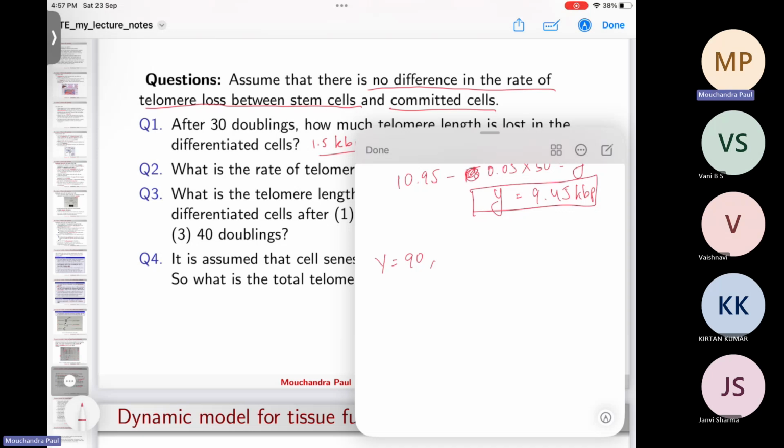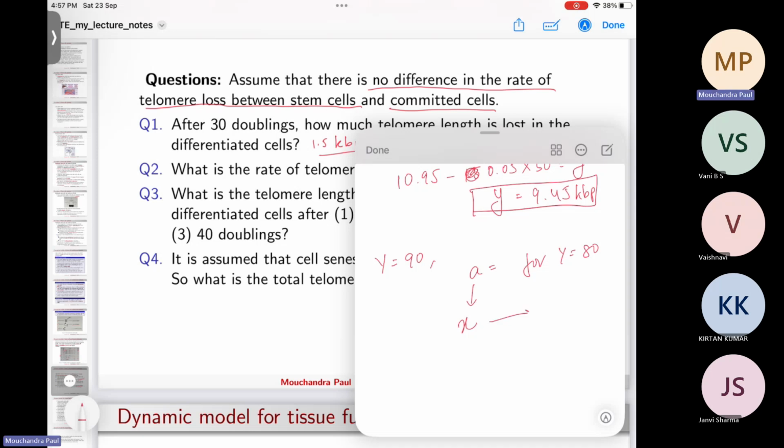First you have to find the value of A, the rate of telomere loss, for year y equal to 80, because the data is given to you. Use that A value to determine the value of x, the telomere length of the stem cell at year 90.